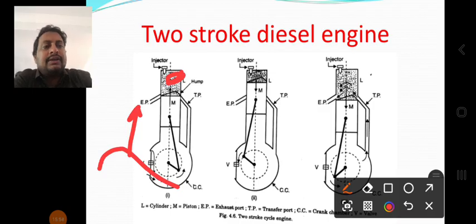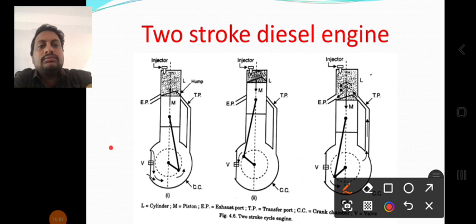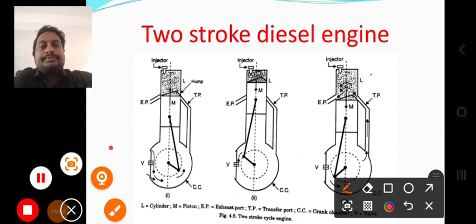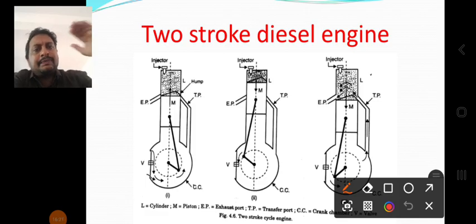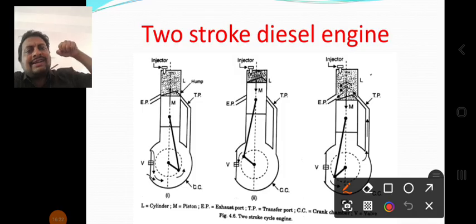At the end of the compression, the air is ignited by using the fuel injected. Due to the expansion of the hot gases, the piston is pushed again towards the downside.